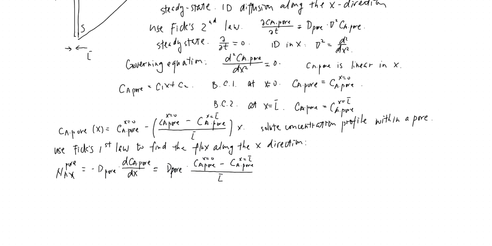So what it means is the concentration within the pore at the two ends. And it's not so easy to measure, because if you think about what it is, it's part of the membrane.